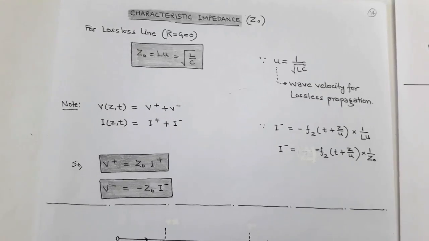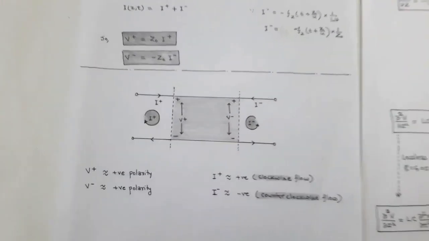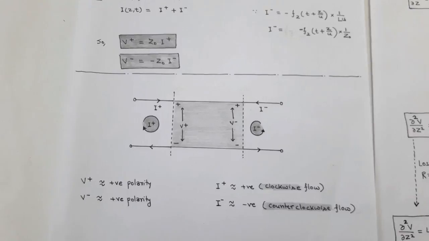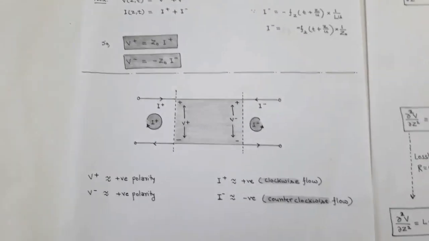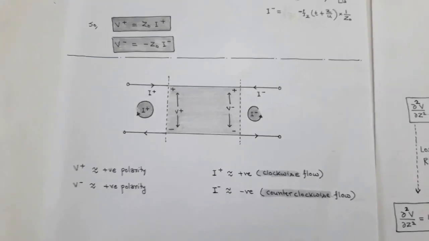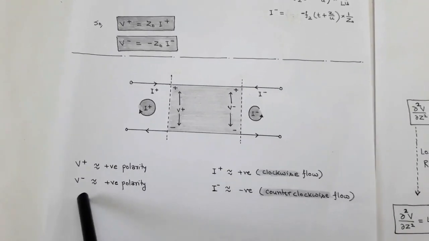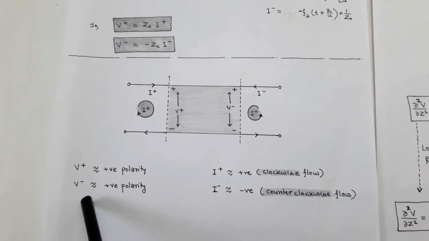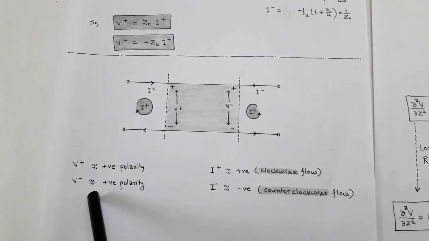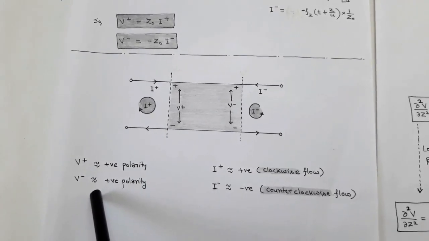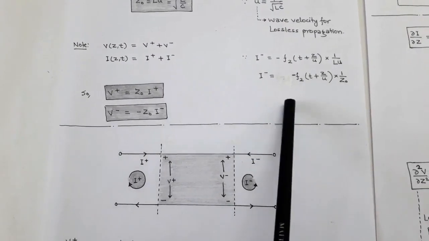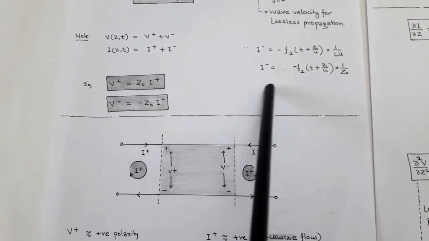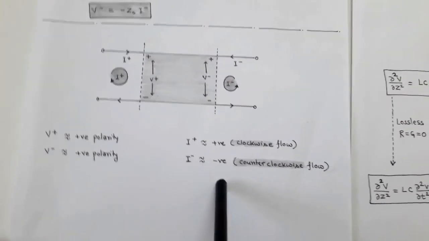Now here we represent these functions, forward and backward functions, in terms of voltage and current on the transmission line. We know that in case of voltage, there are forward and backward voltages having a positive value. But in case of the current function, the forward is positive, but there is a negative sign with the backward.